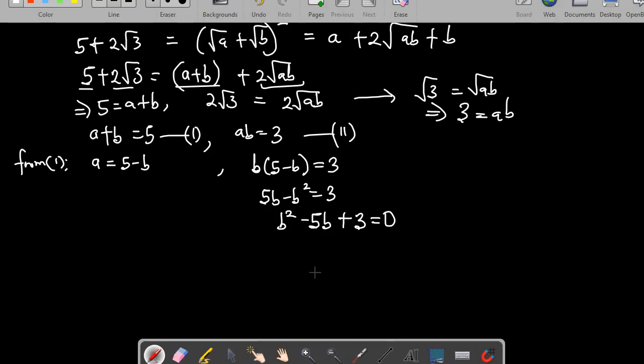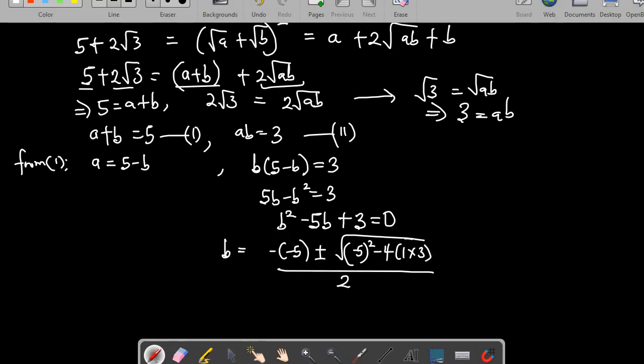So if you use your quadratic formula to find b, it means that your b will be equal to minus into minus 5, plus or minus the square root of minus 5 all squared minus 4 into 1 times 3, over 2a. How did I get that? Over 2 into 1. Don't forget the quadratic formula: minus b plus or minus the square root of b squared minus 4ac, over 2a.